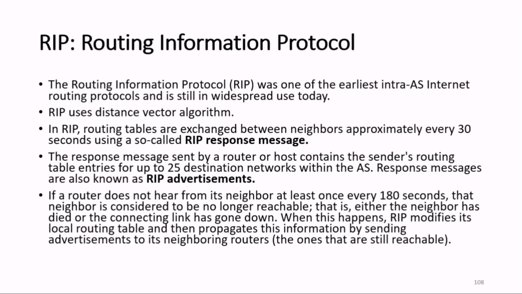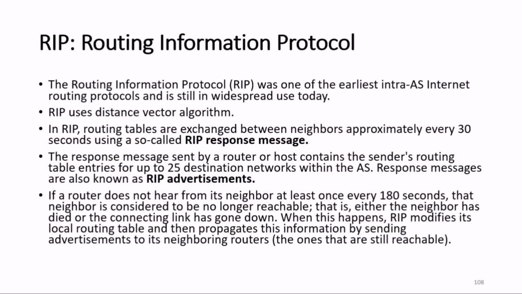So let's look into RIP, Routing Information Protocol. Routing Information Protocol was one of the earliest intra-AS internet routing protocols and is still in widespread use today. RIP uses the distance vector algorithm, which, if you remember, only shares information between neighbors.